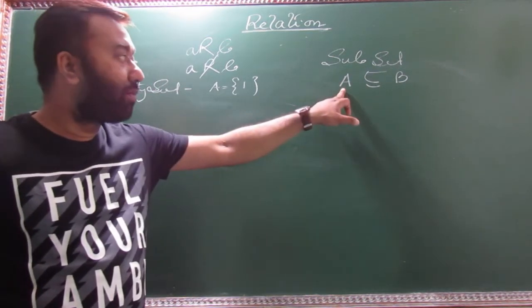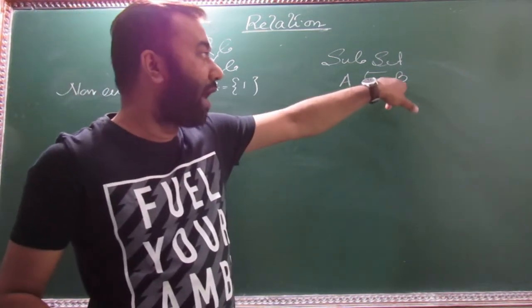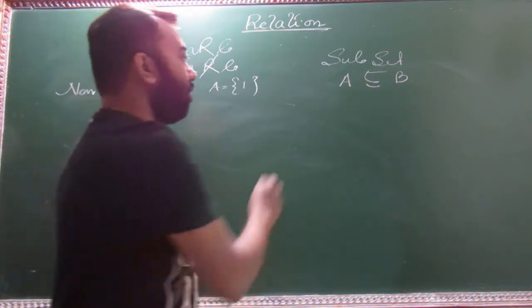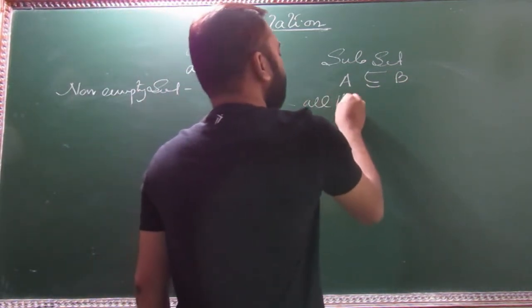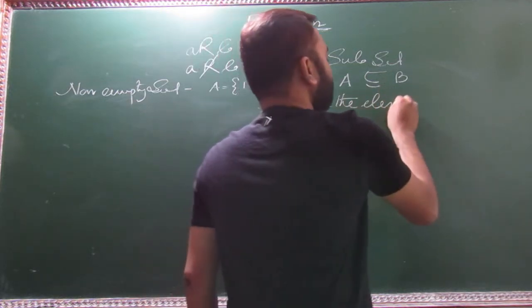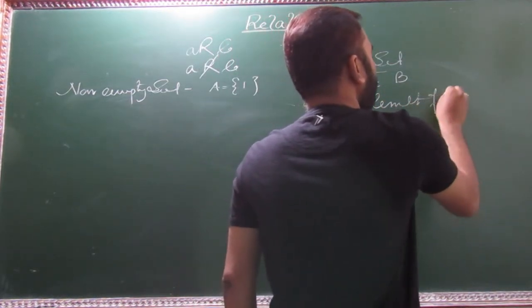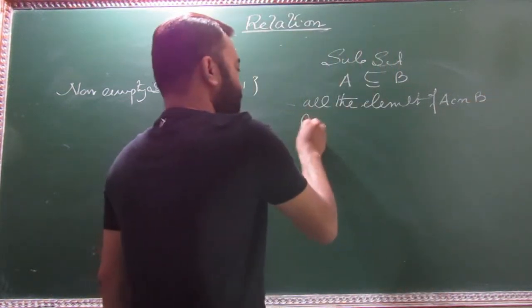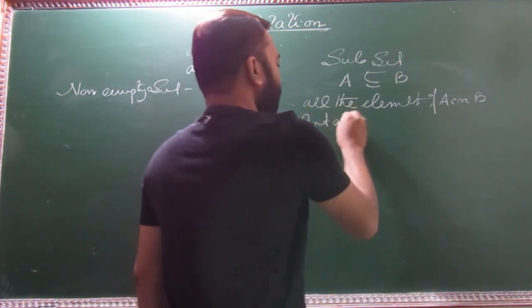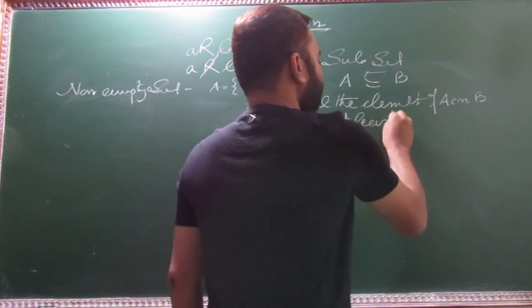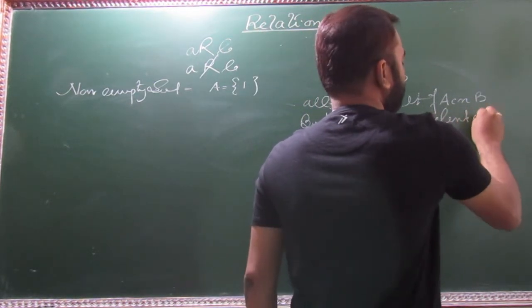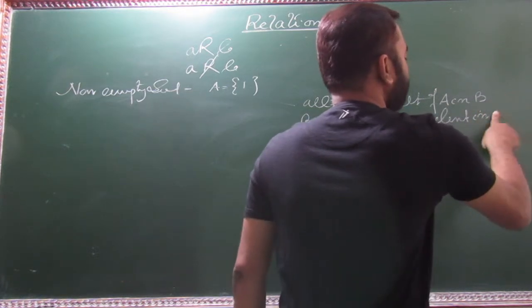All the elements of A are in B, but at least one element is in B which is not in A. That is the definition of the subset.